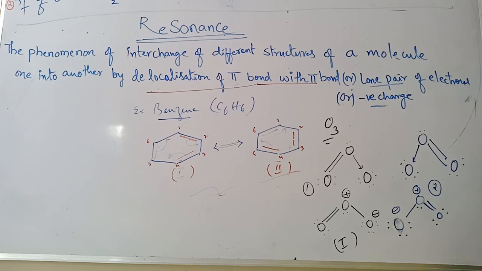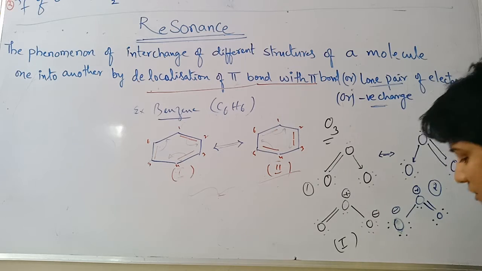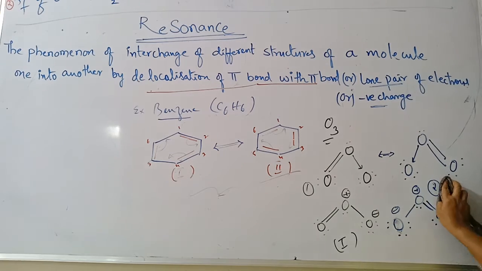So here see, ozone is one molecule but shows 2 different structures, and these 2 structures are interconvertible. The first structure changes into another by changing their position. Changing their position means, okay, I will remove this.